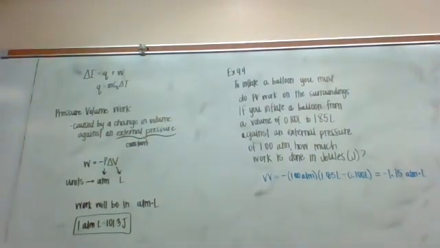I can't leave it like that, so I need to convert it to joules. If I want atmosphere times liter to cancel, I'm going to put 1 atmosphere times liter on bottom, 101.3 joules on top. Atmosphere times liter cancels.